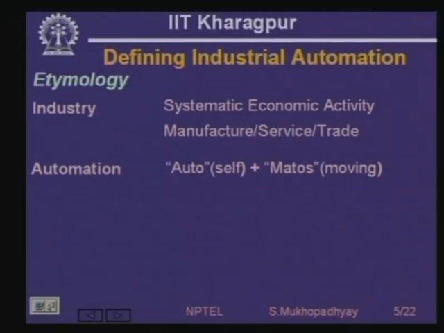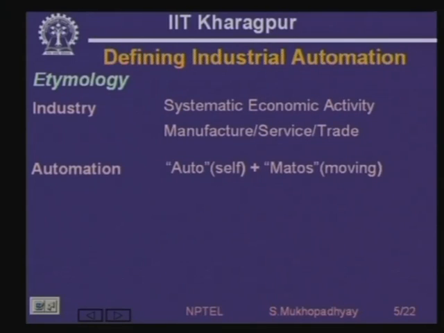Next, what is the meaning of the term automation? The term automation is actually derived from two Greek words. One is called auto, which means self, and another is the word matos, or moving.